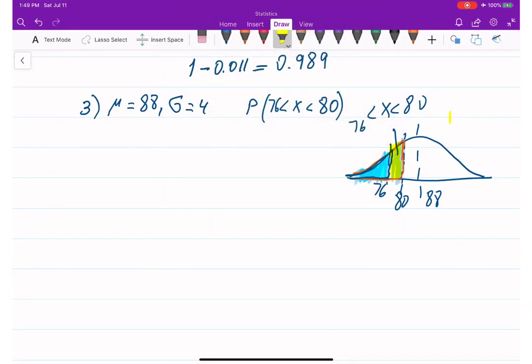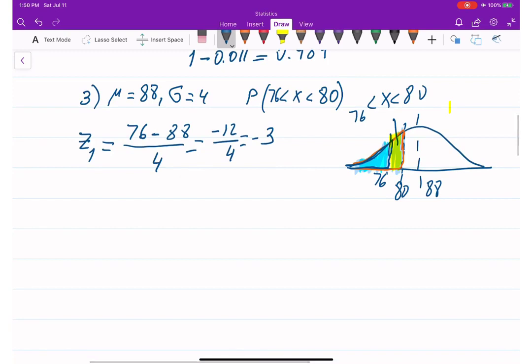Okay, let's do it. Z1 for 76 is equal to x, 76, minus mu, 88, divided by 4. 76 minus 88 is negative 12, and divided by 4, it's going to be negative 3.